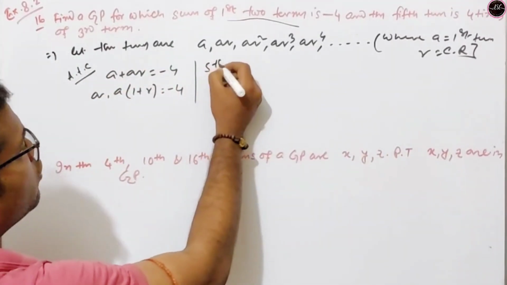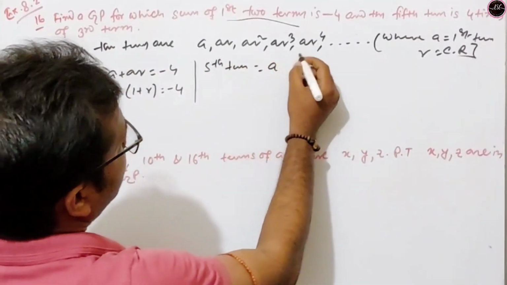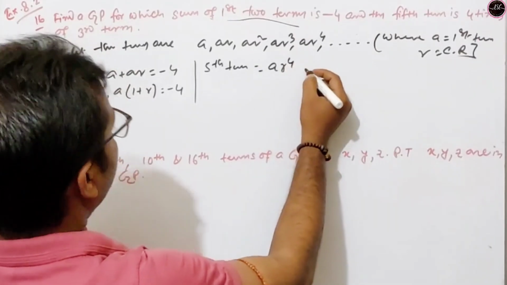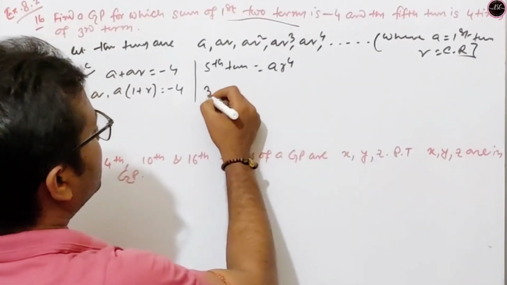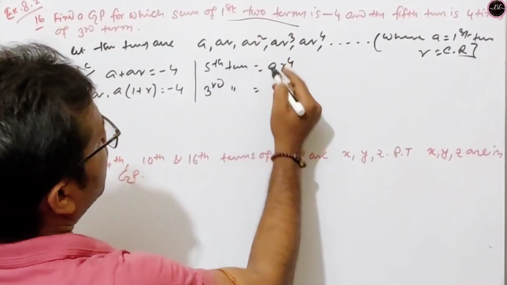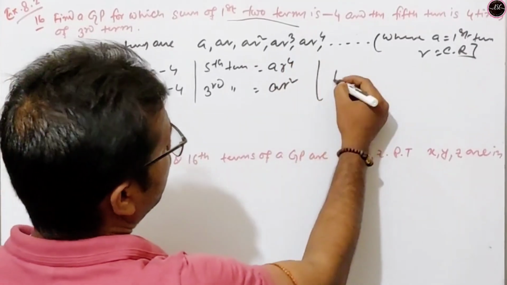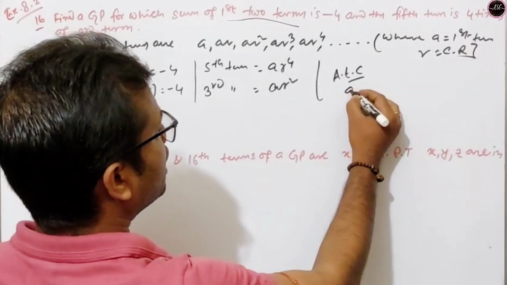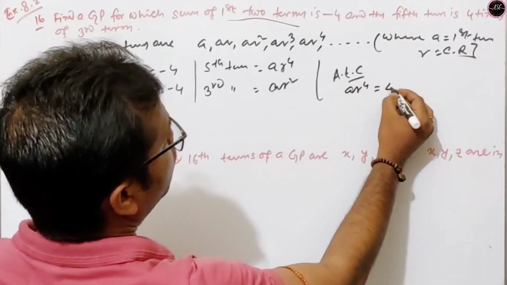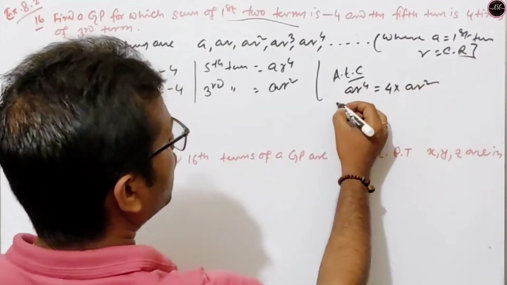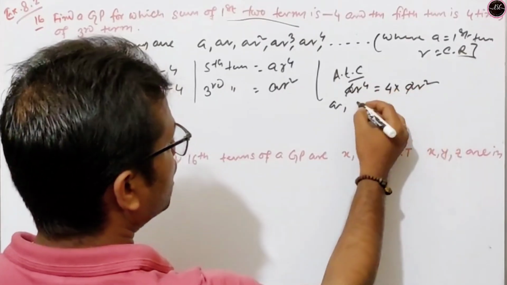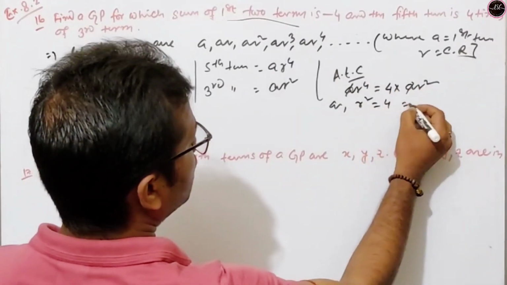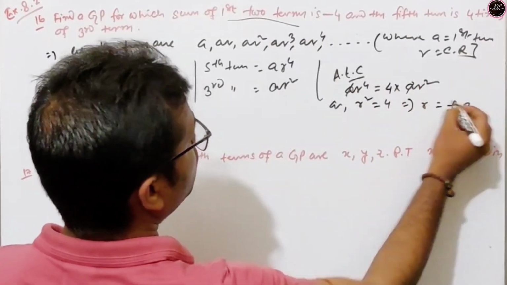Okay. Now the fifth term is 4 times the third term. So fifth term equal to ar to the power 4. Okay. And third term equal to ar square. So according to the condition, ar to the power 4 equal to 4 into ar square. Okay. Just cancel out ar square. We have r square equal to 4. Implies that r equal to plus minus 2.